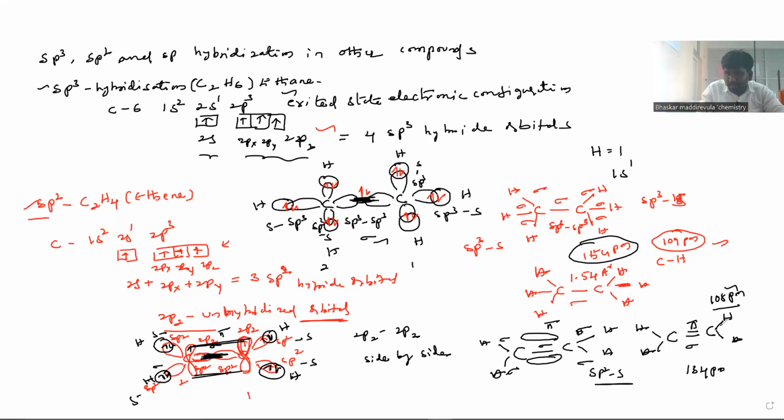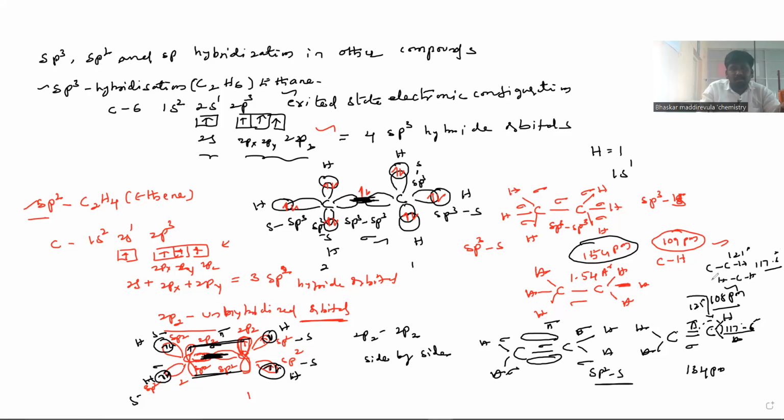Between the hydrogen and hydrogen, the bond angle is 117.6 degrees. And if you see the carbon hydrogen, the bond angle is around 121 degrees. So between carbon and hydrogen the bond angle is 121 degrees, and the hydrogen hydrogen bond angle is 117.6 degrees.